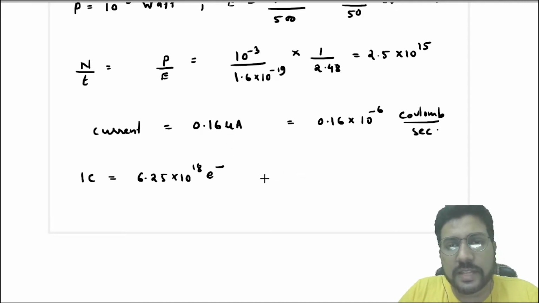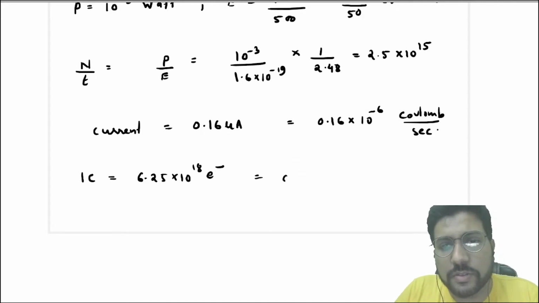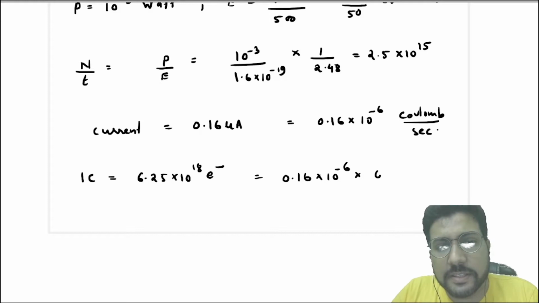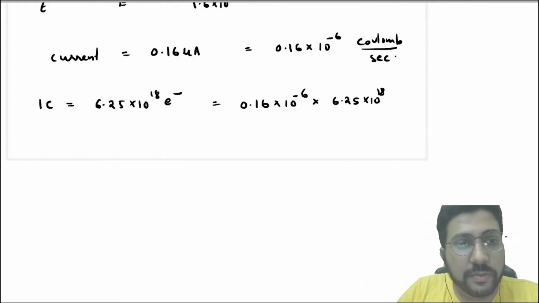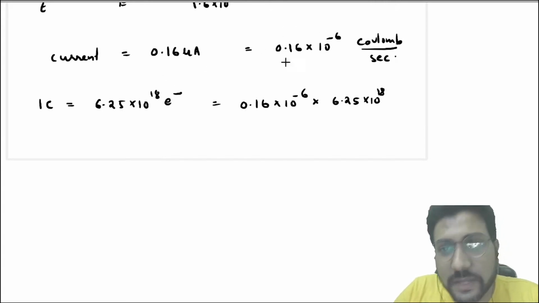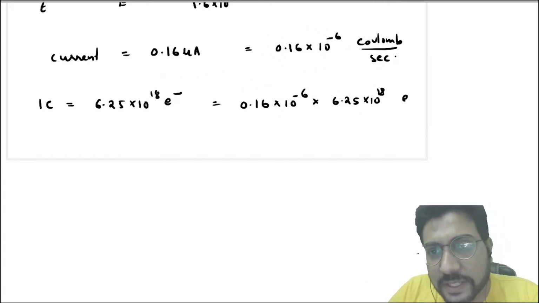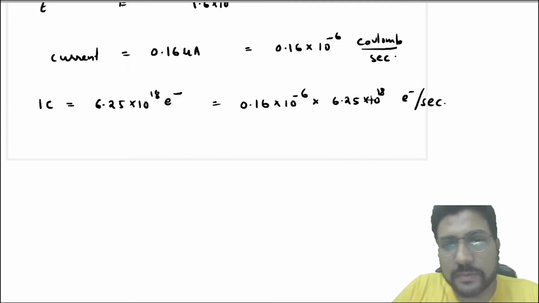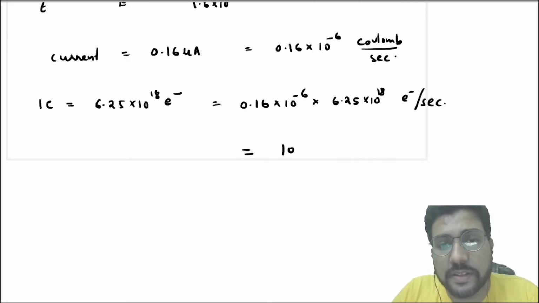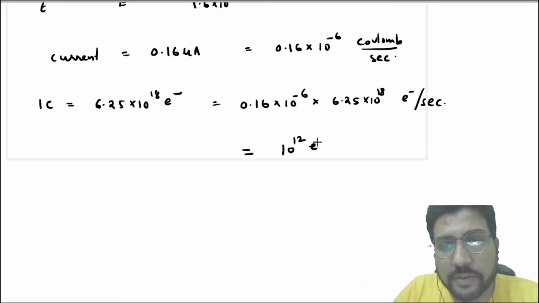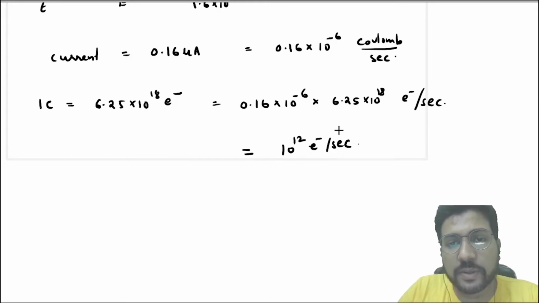So this is equal to 0.16 into 10 raised to the power minus 6 multiplied by 6.25 into 10 raised to the power 18. So this many coulomb per second is this many electrons per second, which is 10 raised to the power 12 electrons per second.